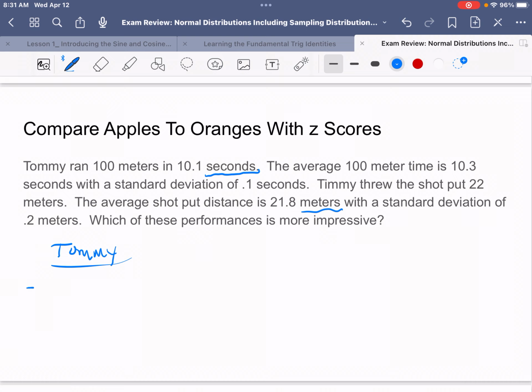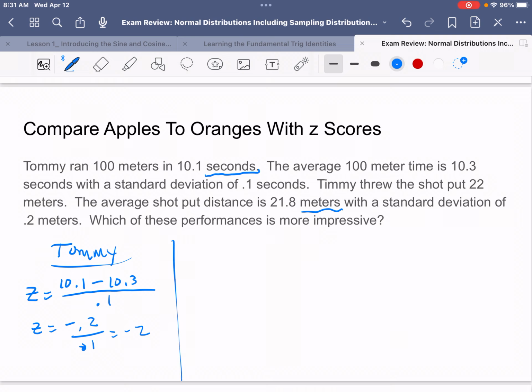Well, Tommy's z-score is equal to his run time minus the mean run time divided by the standard deviation. So let's see, that's a negative 0.2 divided by 0.1. I think Tommy's z-score is negative 2.